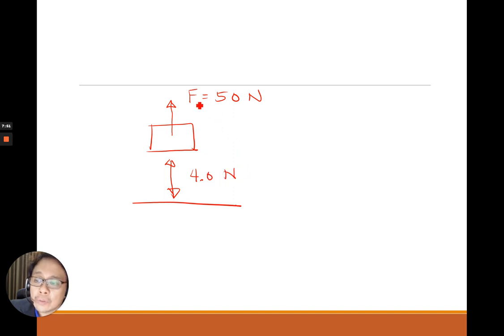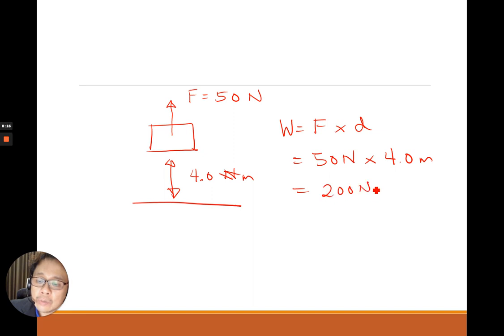So this 50 newtons would be the upward force. Work is equal to F multiplied by the displacement. You exerted a force of 50 newtons, multiplied by 4.0 meters. This will give us 200 Newton meter, or 200 joules.